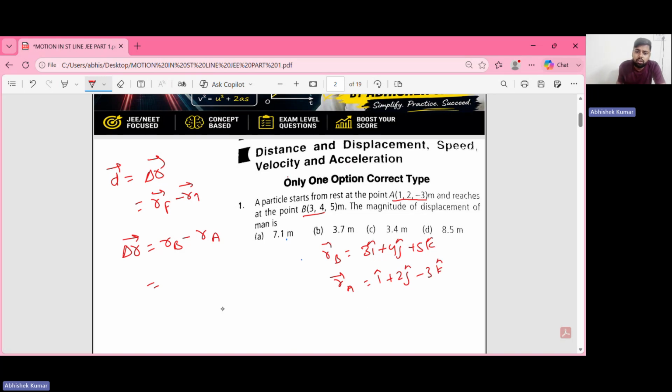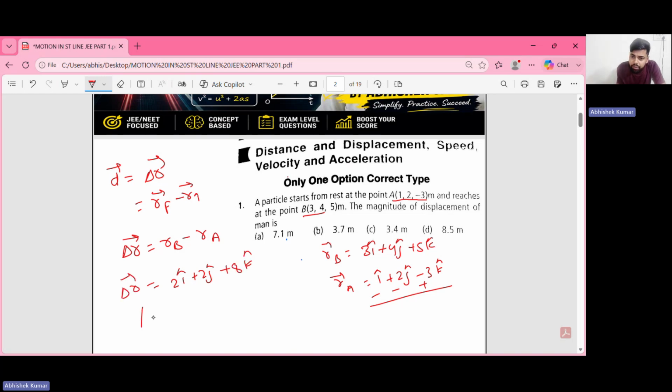Now subtract: 3i minus i gives 2i cap. From here, 4 minus 2 gives plus 2j cap, and here minus minus becomes plus, so plus 8k cap. This is your del r.